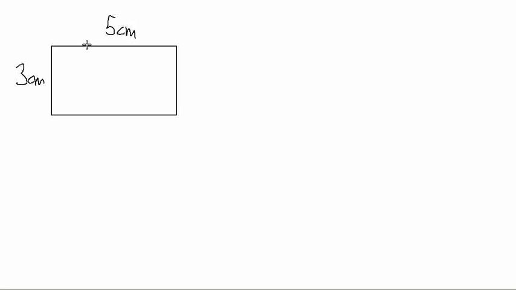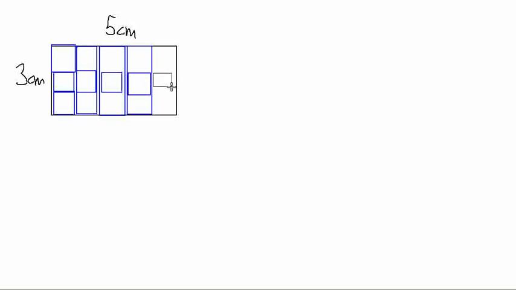Now, that means that if I take squares with sides of length 1 centimeter, then I know how many rows and columns of those squares I could make. In fact, I'll go ahead and draw that right now. I'll be able to make 5 columns and 3 rows of square centimeters.